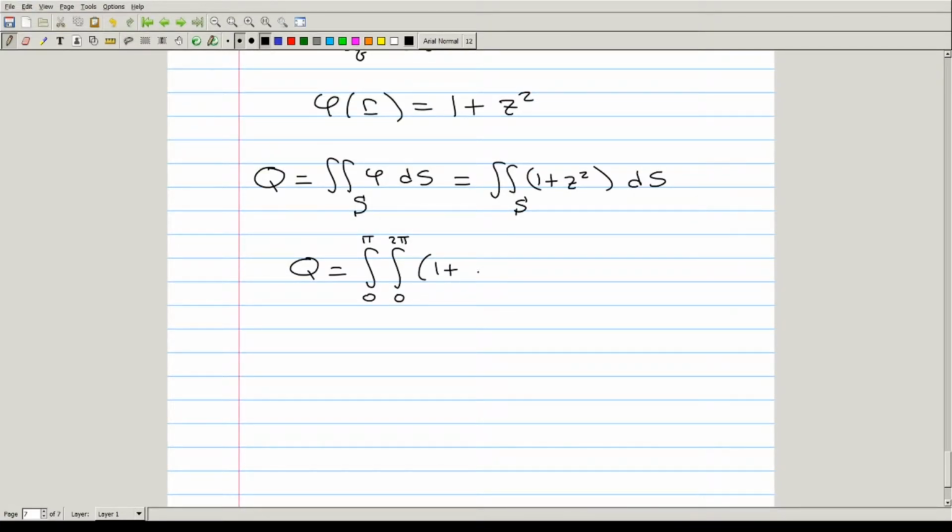It will be 1 plus the z coordinate squared, which is r squared cosine squared of v, and dS, remember, is r squared sine of v du dv.